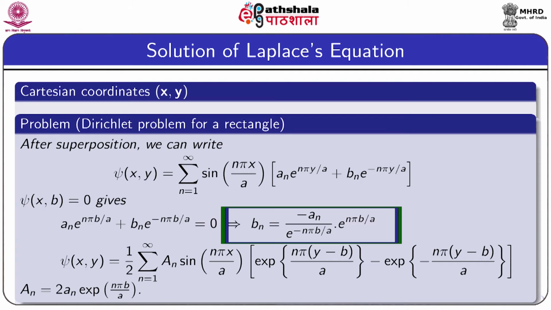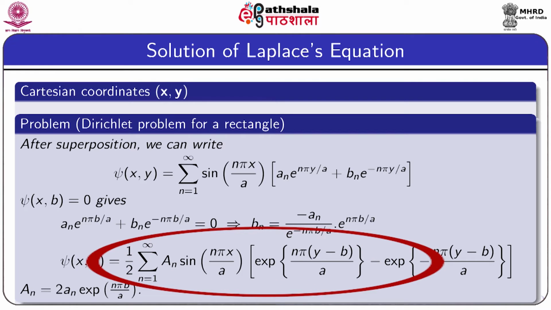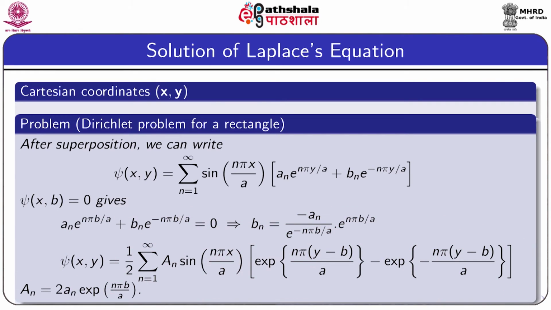If we use this boundary condition, we can express the constant B_n in terms of A_n, which is written here: B_n equals minus A_n divided by e to the power minus n pi b by a, into e to the power n pi b by a. Therefore, the expression for psi becomes psi equals half the sum over n of A_n sin(n pi x by a) into exponential of n pi (y minus b) by a minus exponential of minus n pi (y minus b) by a.